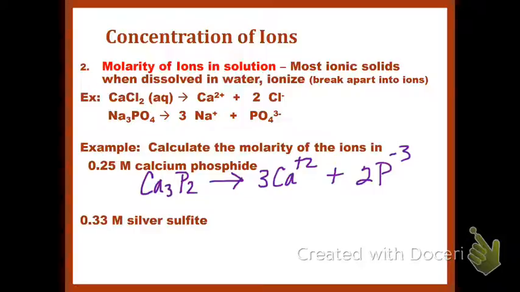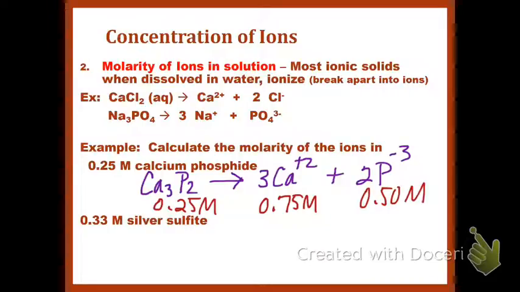If I start out with 0.25 molar of calcium phosphide, when it breaks apart, I actually get 0.75 molarity of calcium, and I get 0.5 of phosphide. And the way I got that is I just took the coefficient and multiplied by it. So all I did was take the coefficient here and multiply.